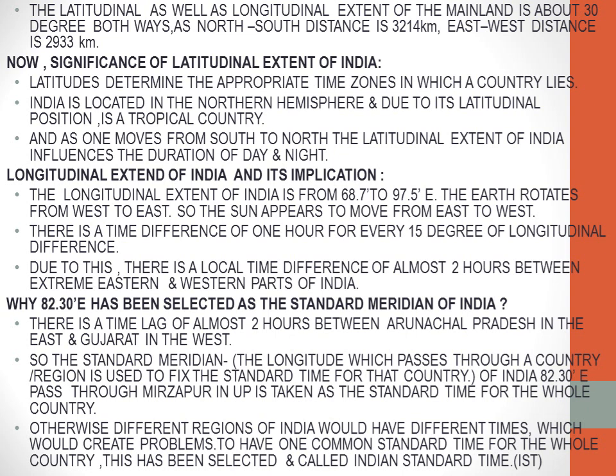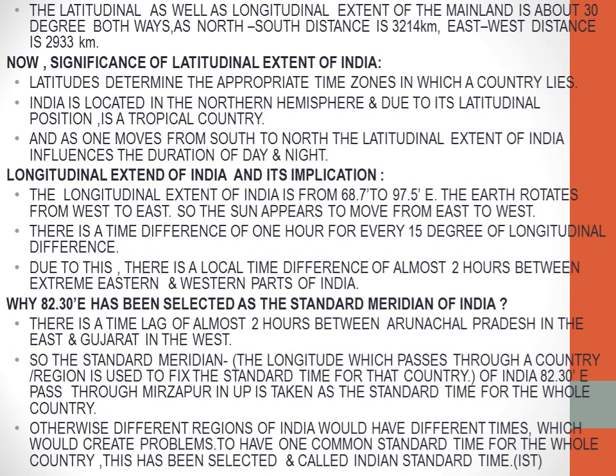Why have we taken it? Because if we had not, there would be a difference of 2 hours between Arunachal Pradesh and Gujarat. The sun rises earlier in Arunachal Pradesh and 2 hours later in Gujarat. So to cover up the differences, we have considered only one single variation, the one passing through Mirzapur.